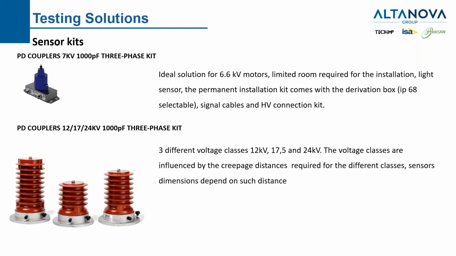So our solution is able to work with all of these, and there is no big variation. The variation is more relative. If I'm using 2 nanofarad or 1 nanofarad, I can see a 5% magnitude change. If I use 80 picofarad, the sensitivity will be higher, but I have a different frequency range of the sensor. Anyway, all of these solutions are okay with our acquisition unit, and we can use our sensor accordingly.